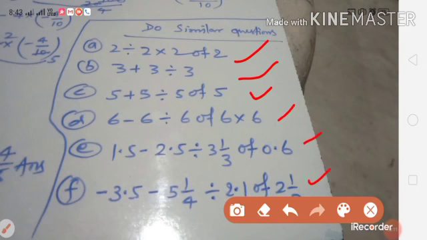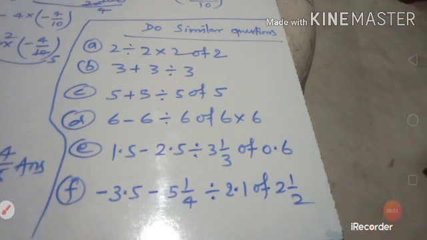If you do all these questions, you will be perfect in BODMAS, and these types of questions will not create any difficulties for you, and you will find a good perfection in them.